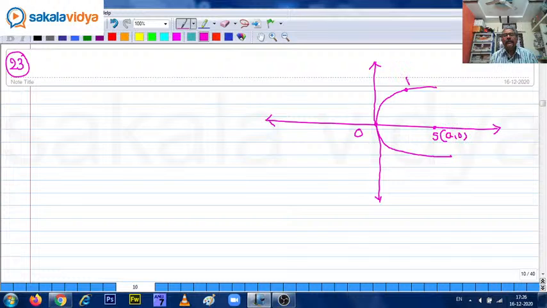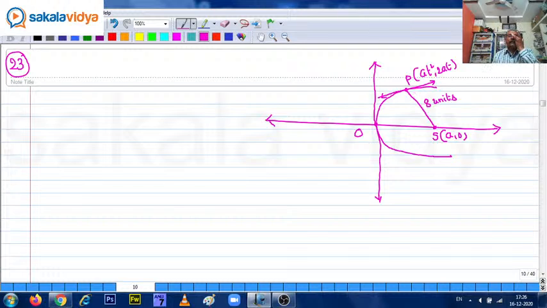Let P be any point, P of at square comma 2at. You join this SP, the focal distance, this is 8 units. So this normal will be here like this. This is the tangent. The normal is drawn perpendicular to the tangent.